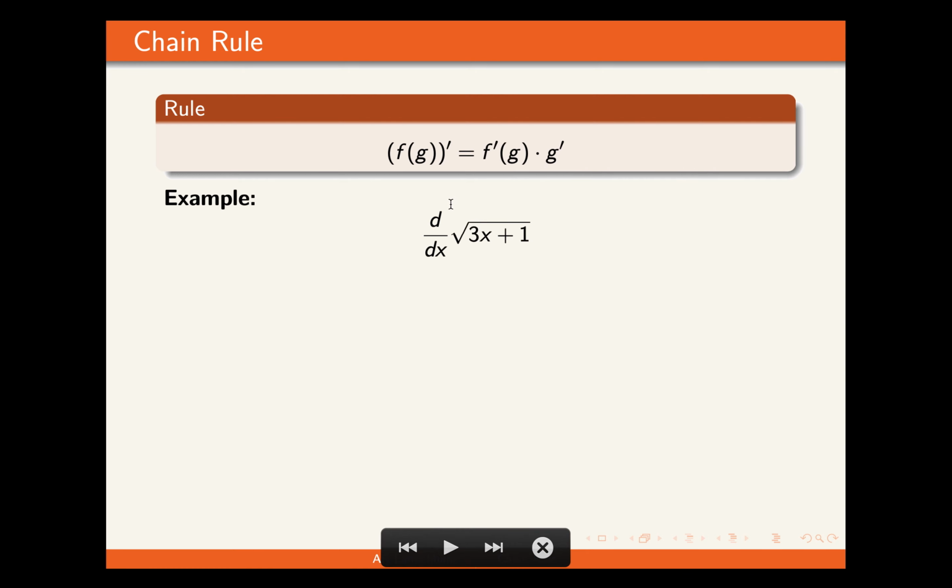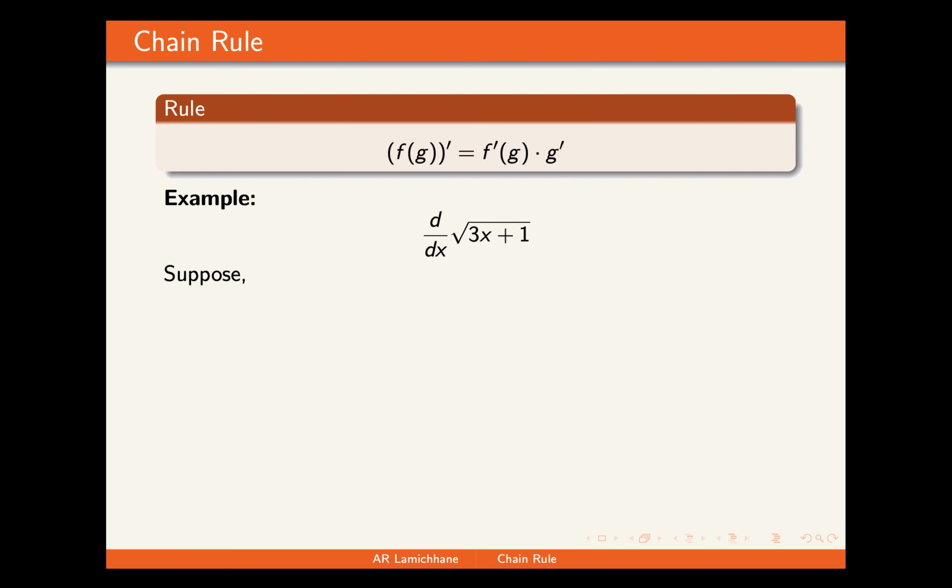So here our goal is to find the derivative of the square root of 3x plus 1 with respect to x. If you want to use the chain rule, we need to make sure that this function is the composite of two functions.